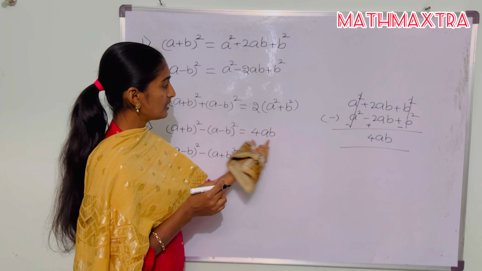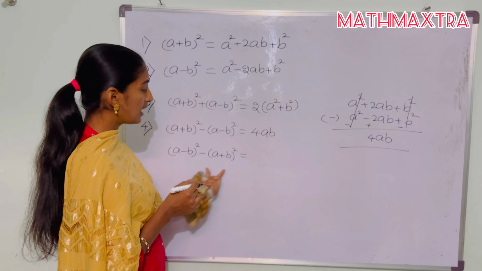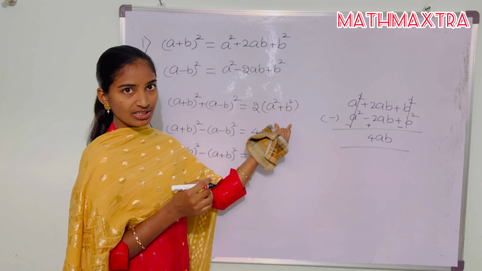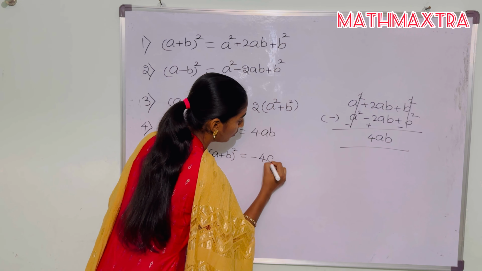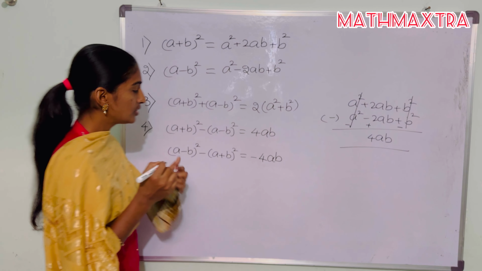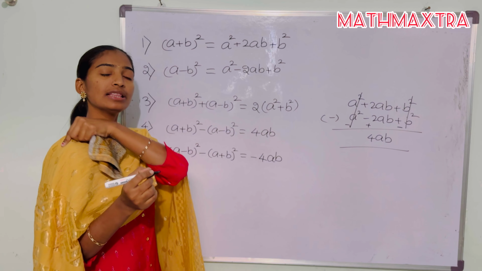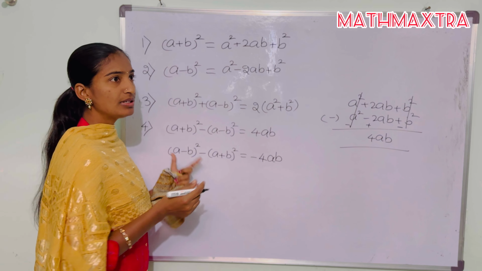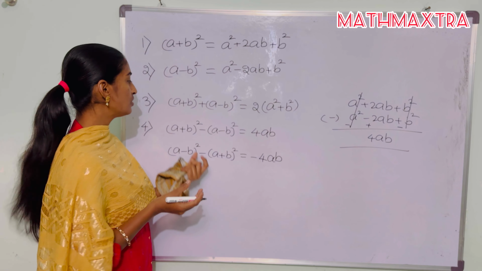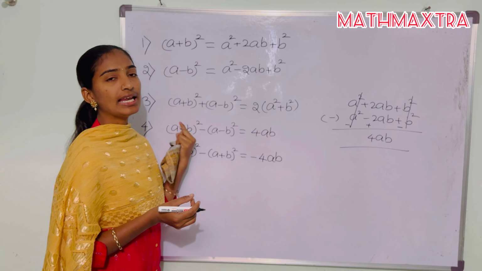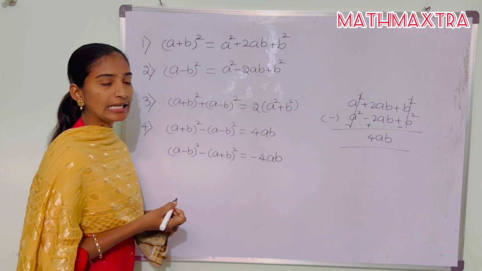For (a + b) whole square minus (a - b) whole square, we got this 4ab. So what is here? It is the reverse, which is minus of that expression, right? That is why it is simply minus of 4ab. Okay, so these will help you while calculating problems easily. Means if the given values in the question are in this form, we can directly apply this identity and get the answer easily.